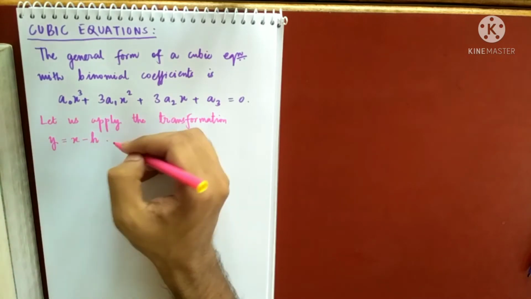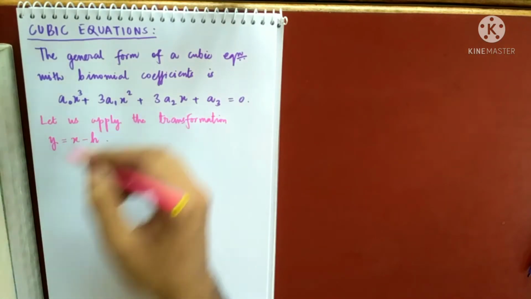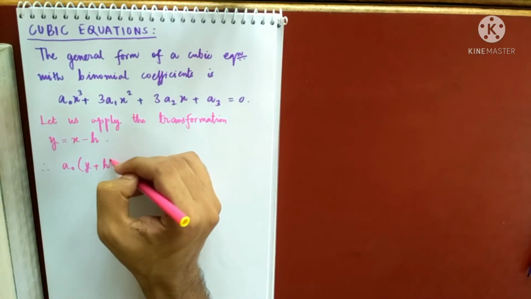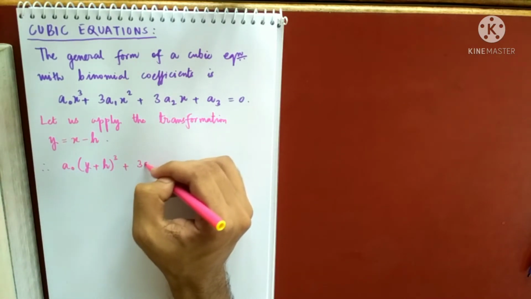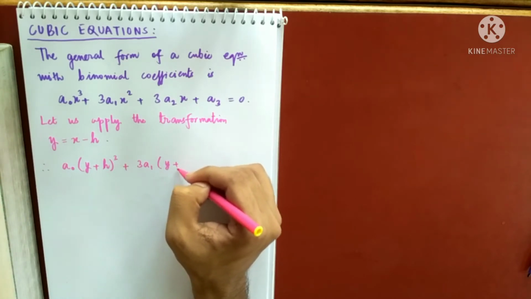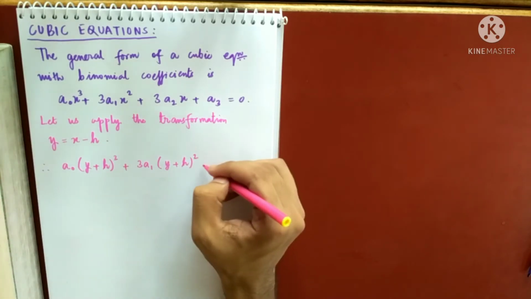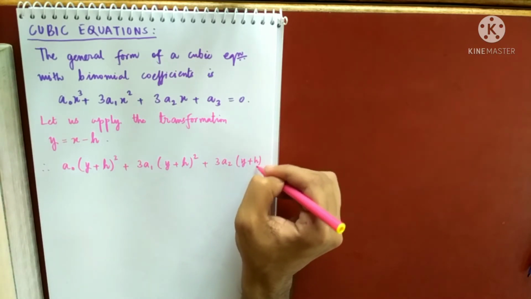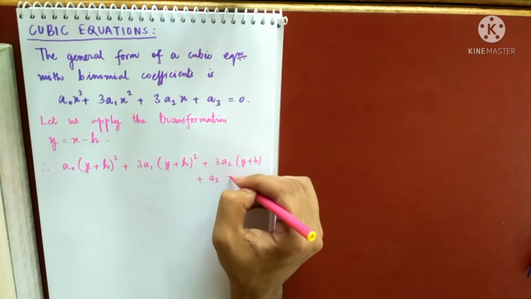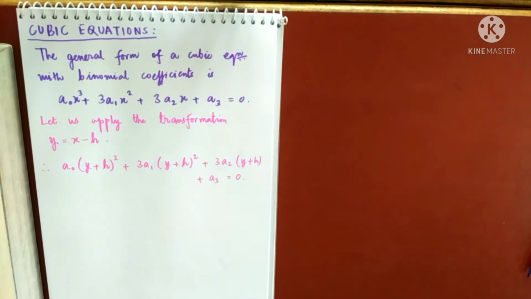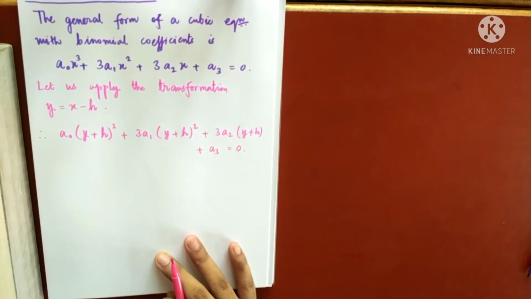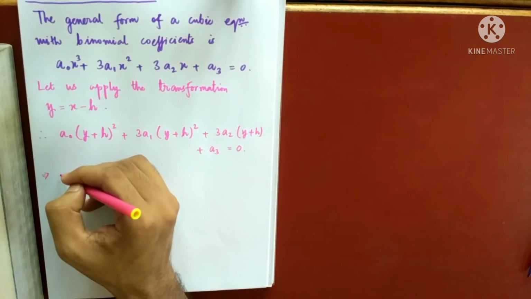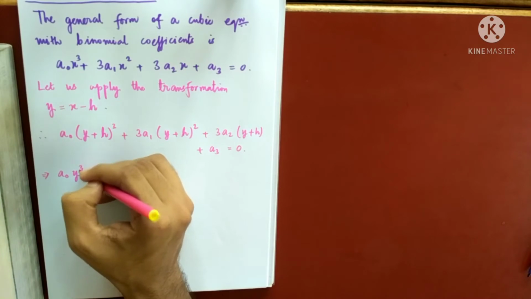So what will this become? The value of x from here will be y plus h. Therefore a0 (y plus h) whole cube plus 3a1 (y plus h) whole square plus 3a2 (y plus h) plus a3 equals 0. Let's open the brackets very carefully. So a0 y cube.